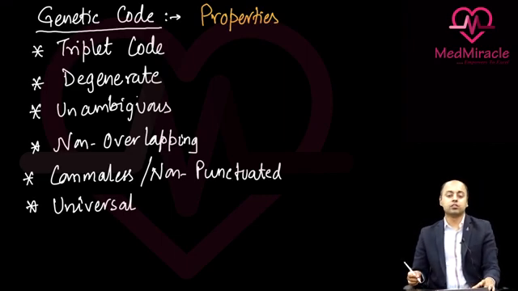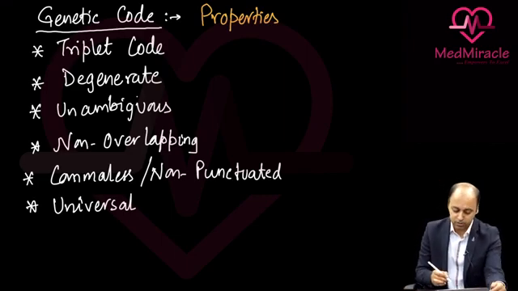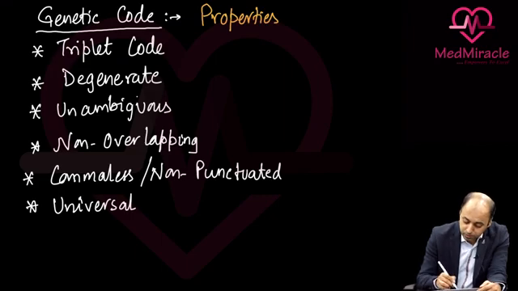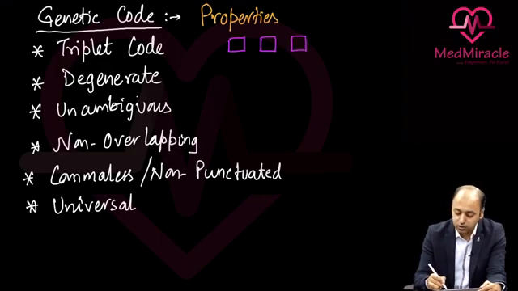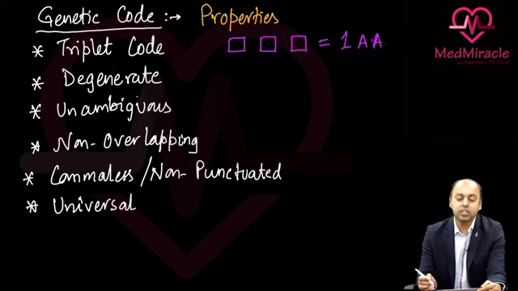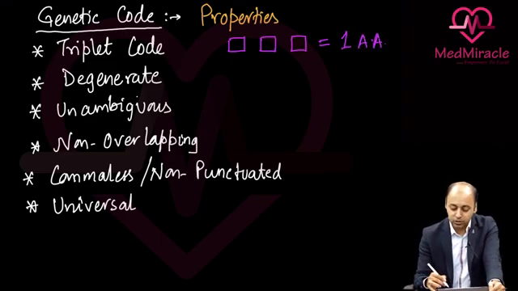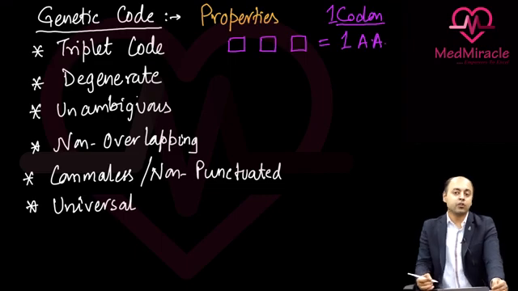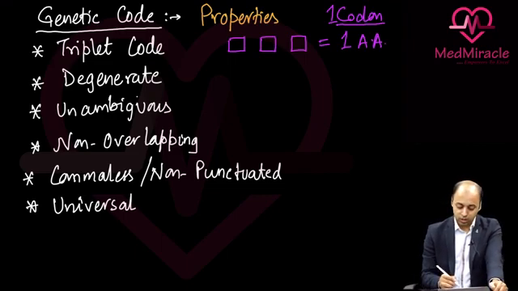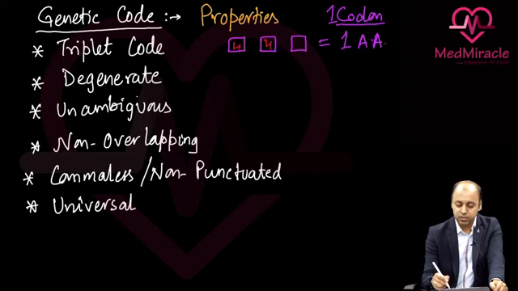What do you mean by triplet code? 3 nucleotides arranged one after the other will represent one amino acid, meaning together the 3 nucleotides will make up one codon. Now we know that each position can have 4 different possibilities.